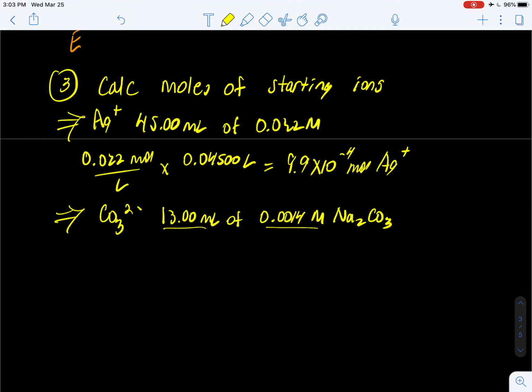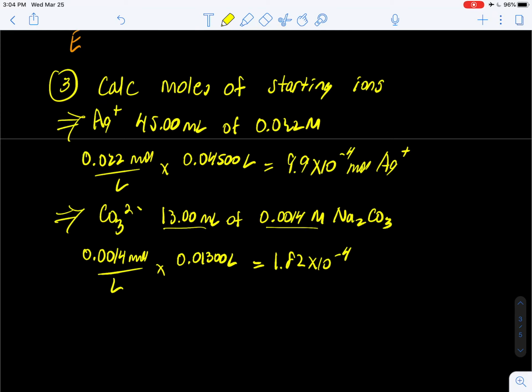So let's go ahead and do this. 0.0014 moles per liter of sodium carbonate or carbonate ion times 13 milliliters is going to be equal to 1.82 times 10 to the minus 4.